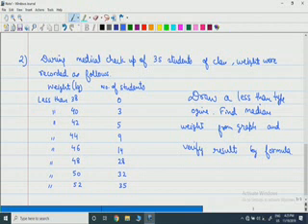Yes, Itanagar, your answer is exactly correct. So have you solved it from the formula or from the graph? Okay, from the formula. Okay, that's great. Now draw the graph and see.